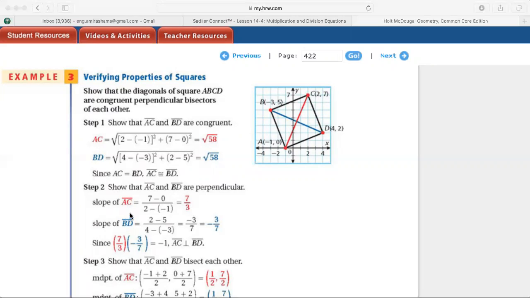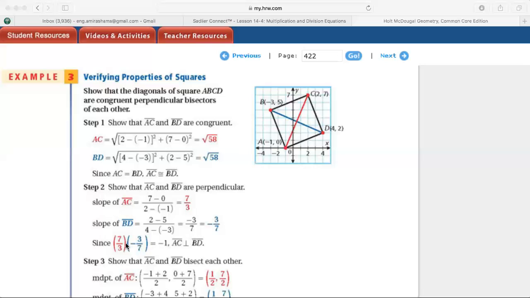Slope of BD, I will do the same, and then I will get negative 3 over 7. What did I find here? I found 7 over 3, and I found the inverse of 7 over 3, which is negative 3 over 7.